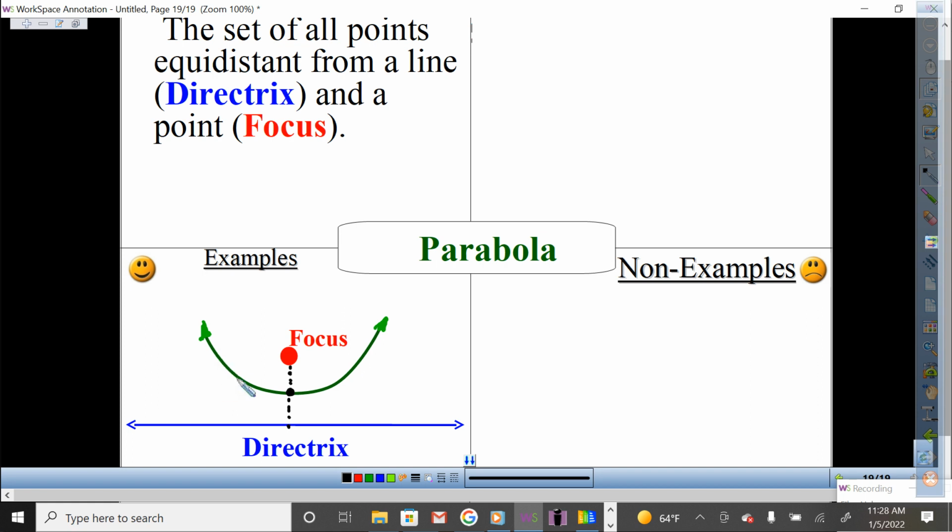And if I continue going, all these infinite points that you don't really see, but it makes that curve, they are the same distance. So what are you saying, Mr. Q? That if there's a point here, that is the same distance from there to there, than from there to there.